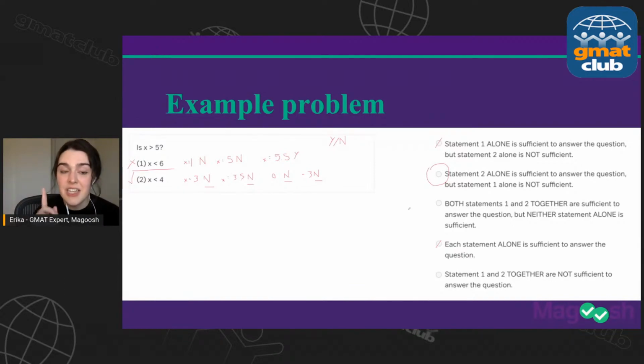But because it does not tell us x is an integer, we have options like 5.5 that give us a yes, which is 2 answers, yes and no, making it insufficient. So remember mistake number 3, test for edge cases, and remember how sufficiency works with yes/no questions. 2 answers, yes and no. You need to get both to prove insufficient.